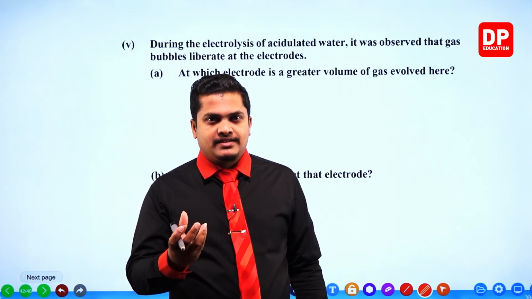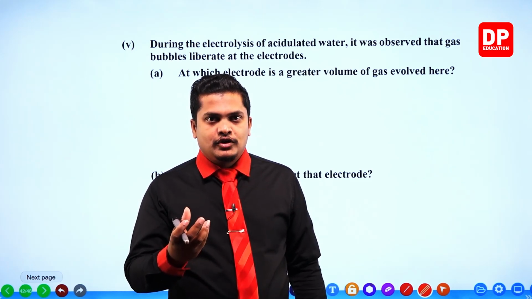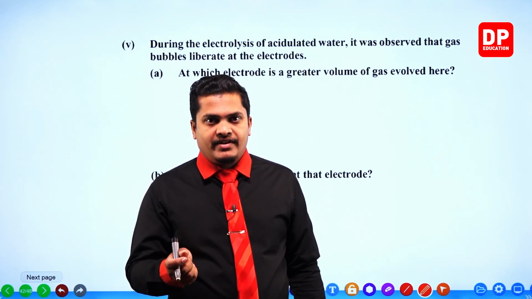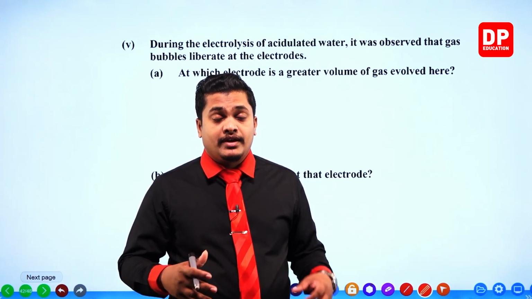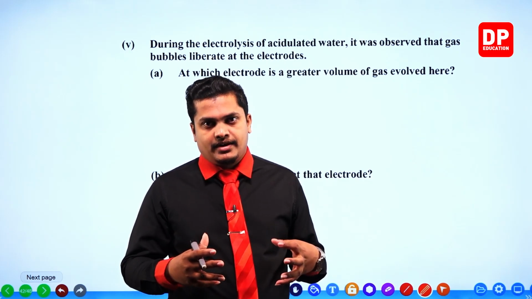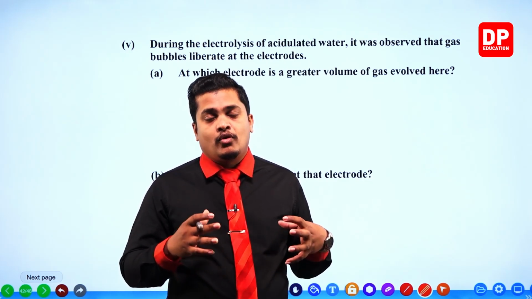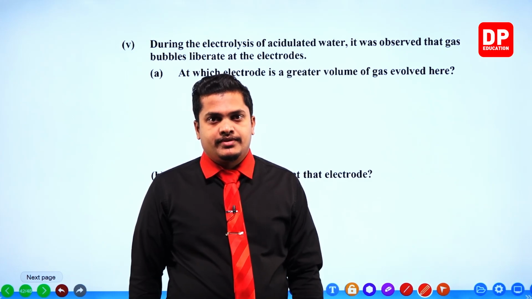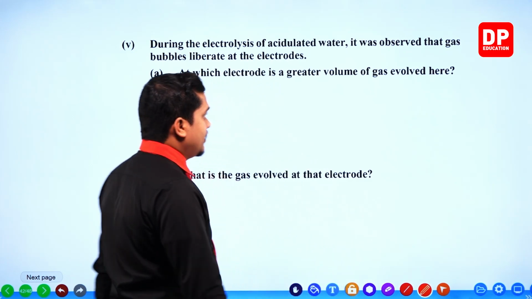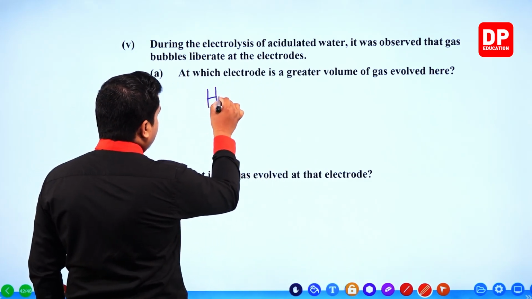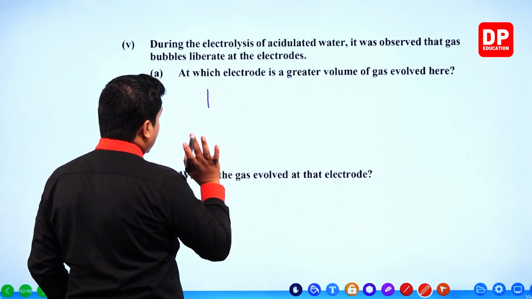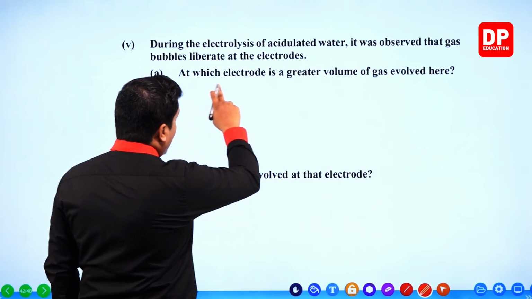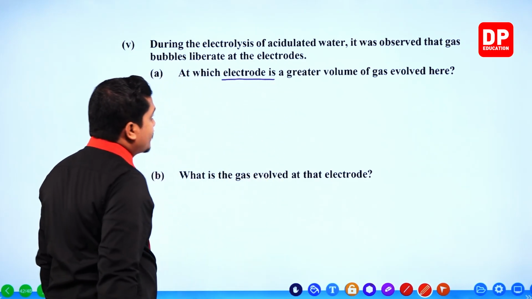Hydrogen has a very low density, right? So hydrogen is a lightweight gas. Therefore, a large amount of hydrogen gas is getting produced within a very short time period. So a greater volume of hydrogen can be observed. So the answer should be hydrogen gas. Okay, but they are not asking about the gas, they are asking about the electrode.